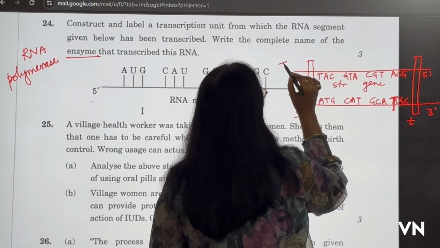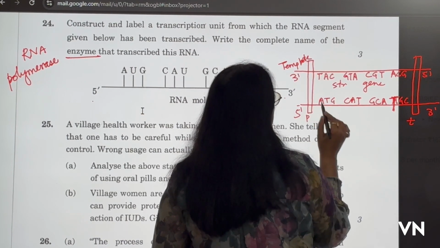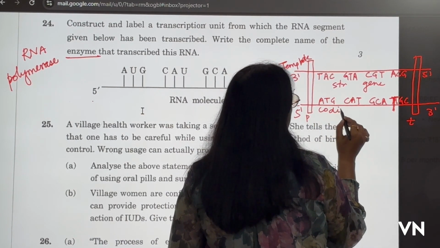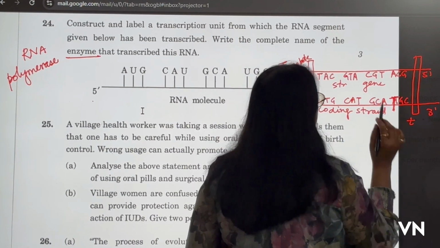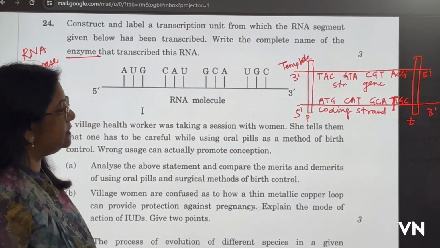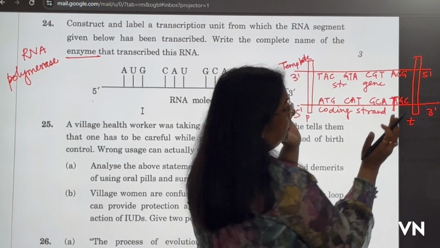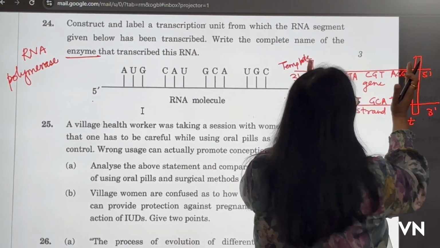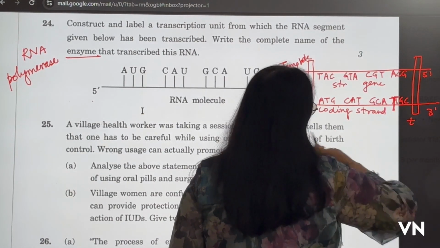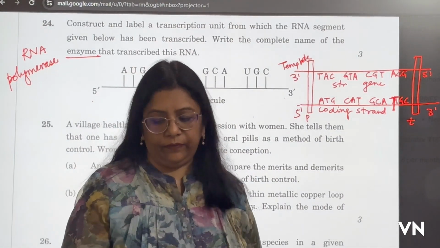This will be template strand and this will be coding strand. So a transcription unit consists of two strands, template strand and coding strand, and that portion of the DNA strand which is transcribed is called structural gene, and this entire structure is called a transcription unit.